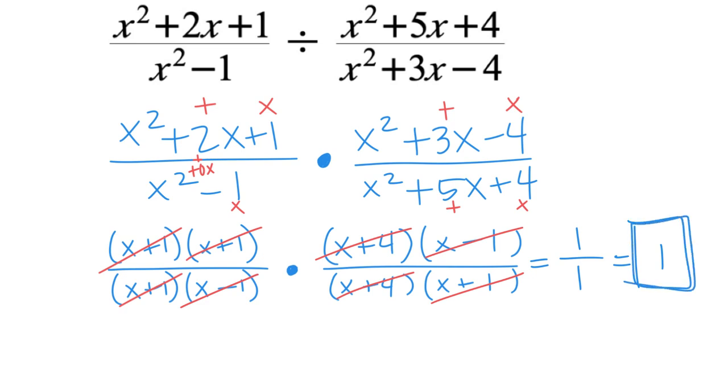Now we also need to say what our domain was. So anything that was on bottom, we set it equal to 0, and that gives us what x cannot equal. So on this one, if I set that x plus 1 equal to 0, it would tell me x cannot equal negative 1.